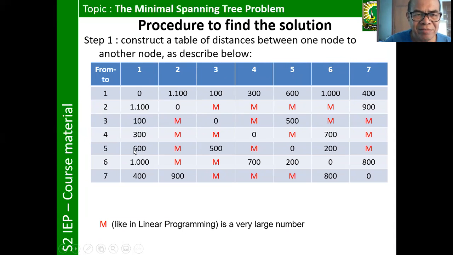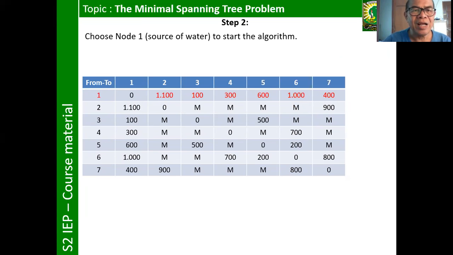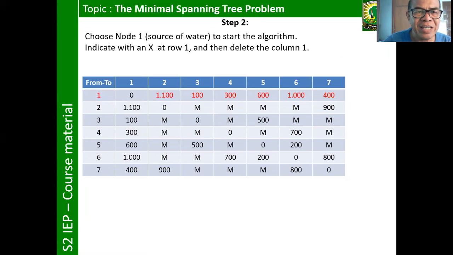Then what do we need to do? Step 2: choose node 1. Node 1 is the source of water to start the algorithm. Indicate row 1 with X, then delete all numbers in column 1.